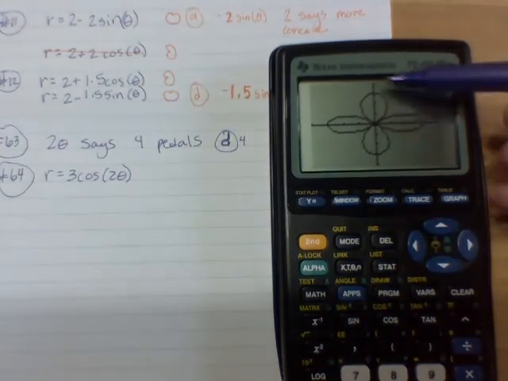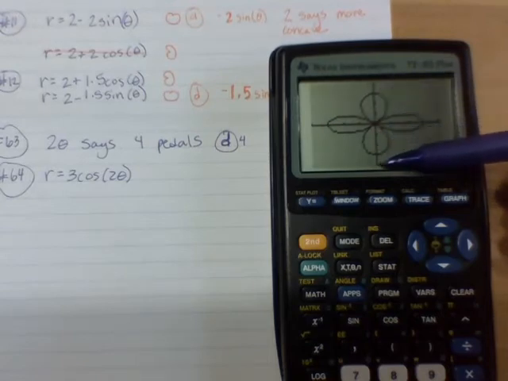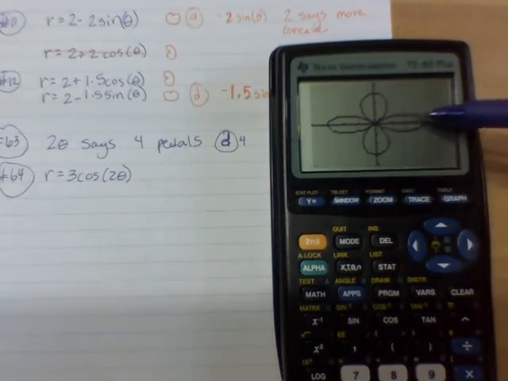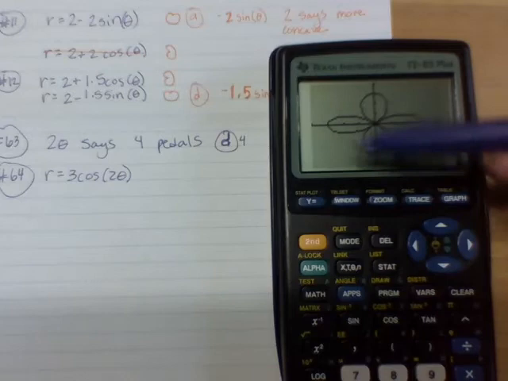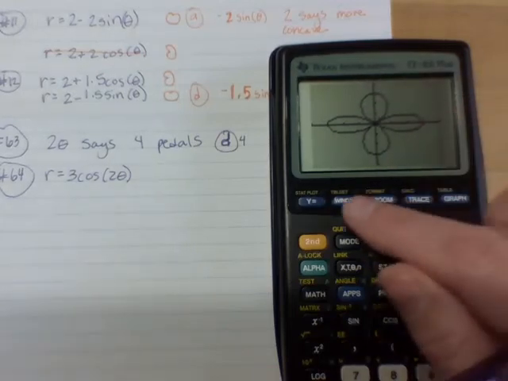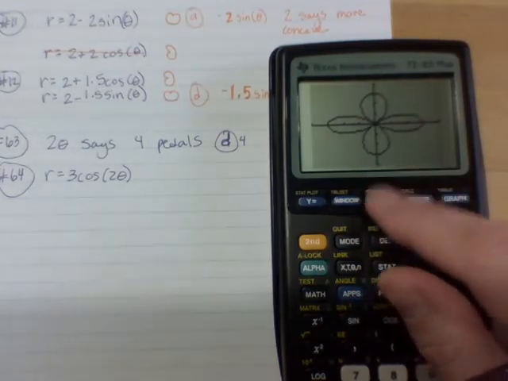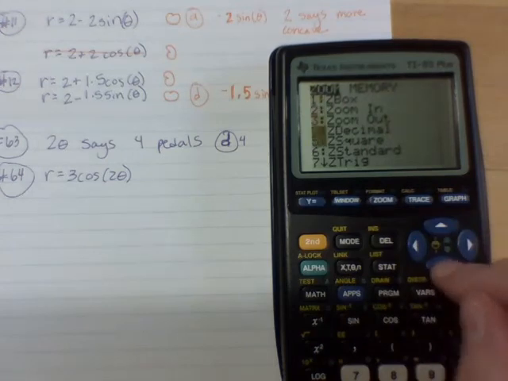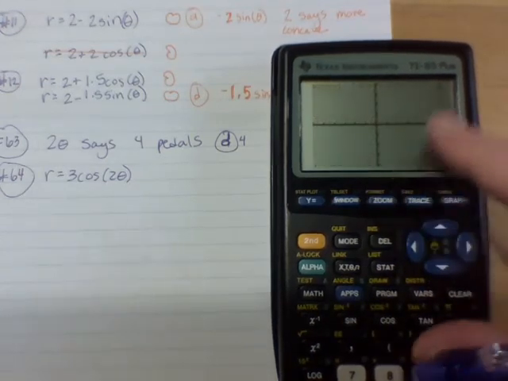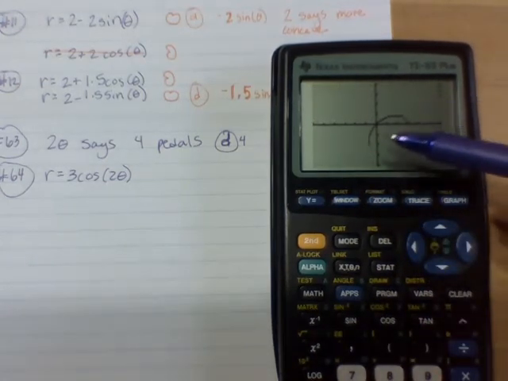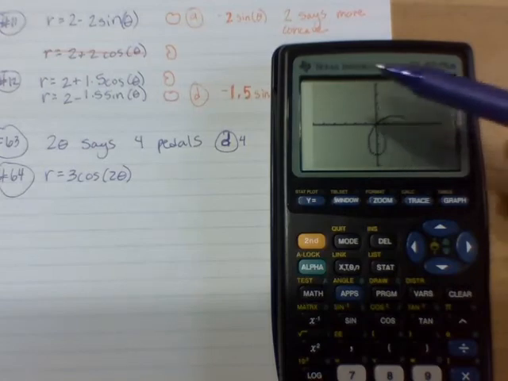And so our options are, it's symmetric about the y-axis, it's also symmetric about the x-axis, and it rotates. Especially if we change our window to be a square window, it's easier to actually see that this is symmetric and that it would be able to rotate exactly onto the other one.